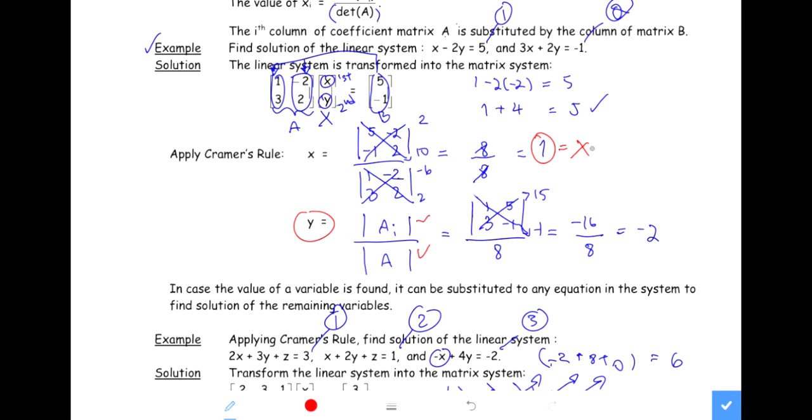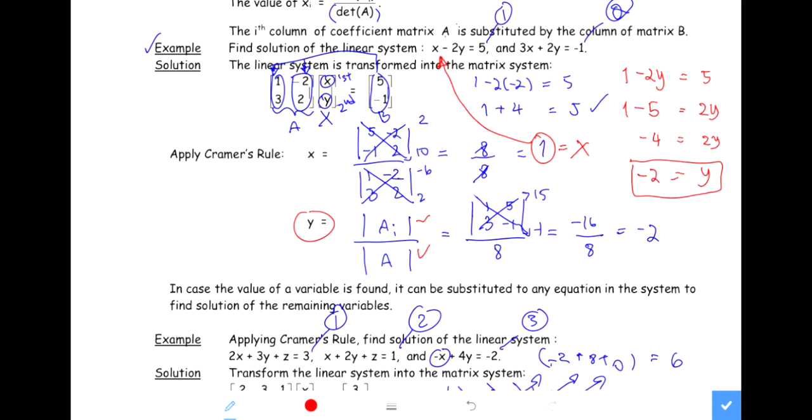You just have to substitute your x there. If you substitute your x there, what are you going to have? You will have 1 minus 2y equal to 5, right? So 1 is still here. This number 5, you move it to the left like this. Minus 2, move it, will become 2y on the right hand side. This is negative 4, and that is 2y. So you know exactly that your y is going to be negative 2.